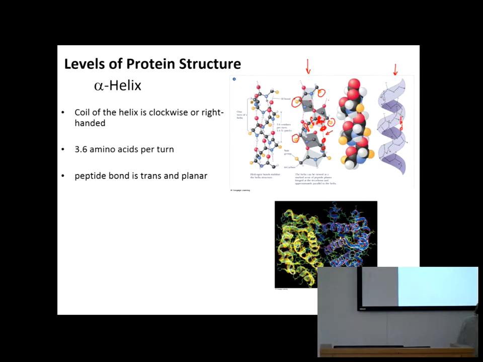Why is there no free rotation? Because it has double bond character. All right, and the oxygen and the nitrogen are on opposite sides. That's really important for our hydrogen bonds to be able to be set up.